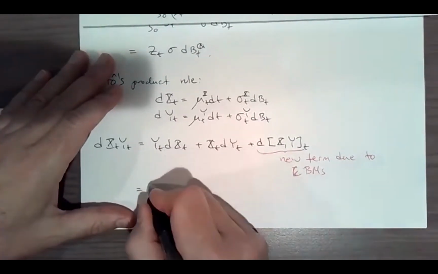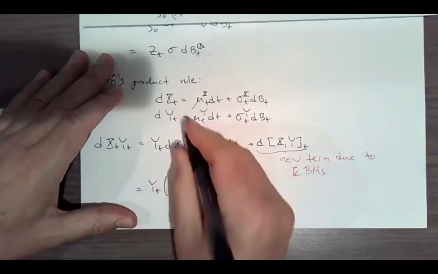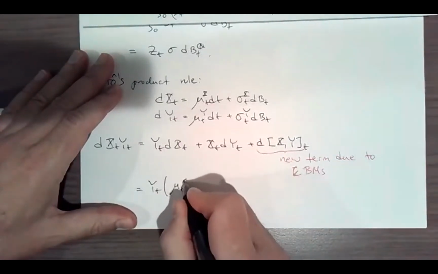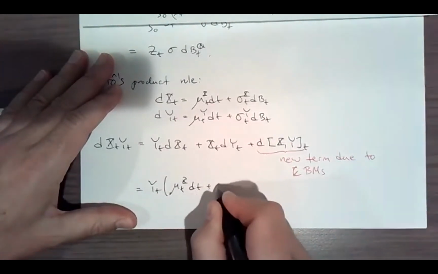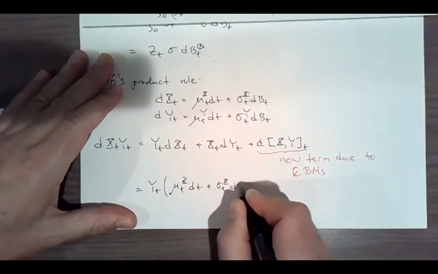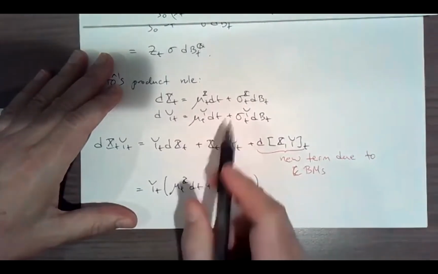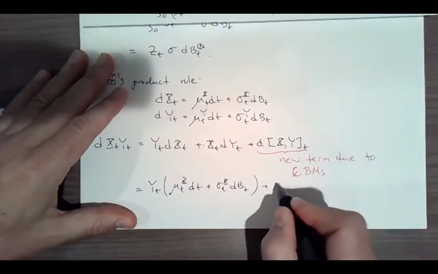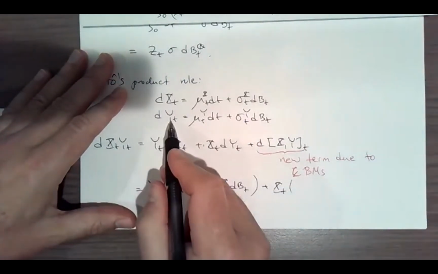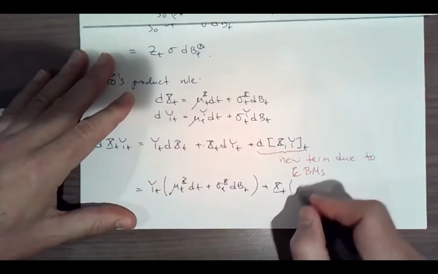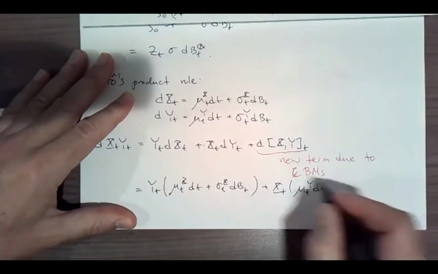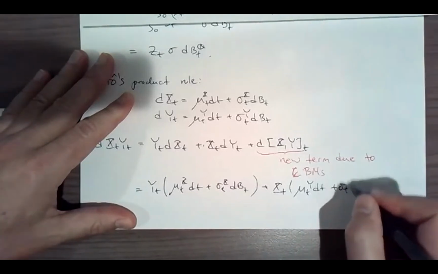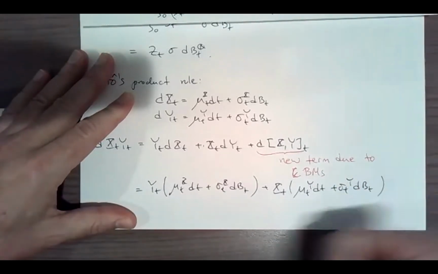You have the Y_t, and then dX will be mu_t^X dt plus sigma_t^X dB_t. That will be the first one. And then we have the X_t, and then the dY will be mu_t^Y dt plus sigma_t^Y dB_t.